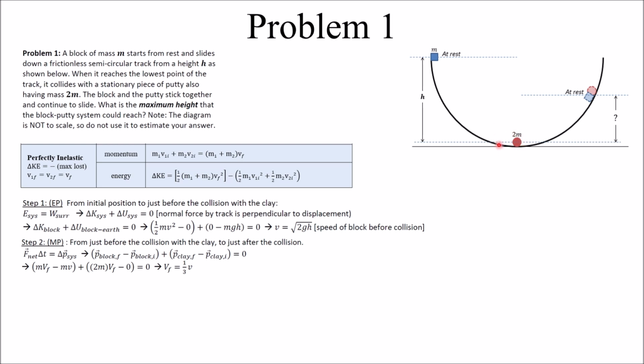That's what's happening before. And then after, they're going to combine to be 3m, and it'll be moving at a certain velocity after. And so once you set up that equation here, we can get an expression for the final velocity of both, and that'll be a third. So the final velocity is 1/3 the v that we solved for here.